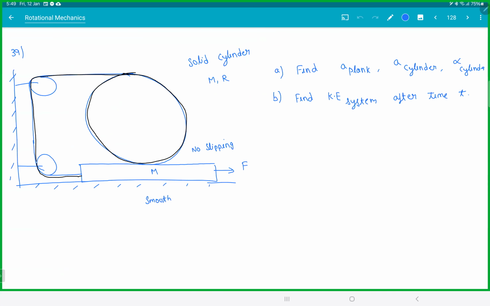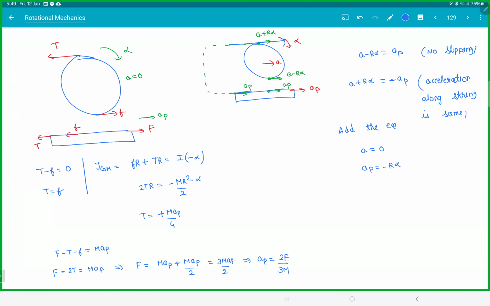What is the second part of the question? Find the kinetic energy of the system after time t. How do you do that?